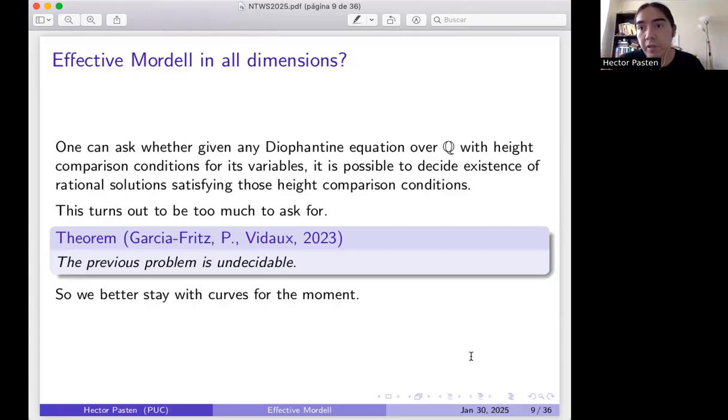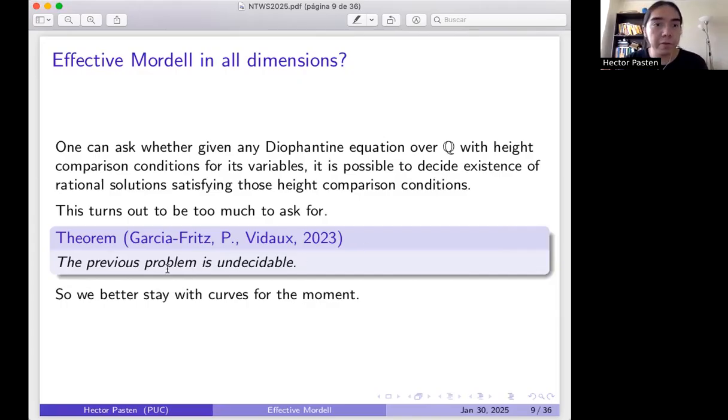And effective Mordell is something like this, because when you ask the effective Mordell conjecture, you are concerned about the existence of solutions whose height is controlled by the height of the coefficients. And you can vary the coefficients and see them as another variable. So this version of the problem contains the effective Mordell conjecture. But this is too much to ask for. It turns out that this problem is undecidable.